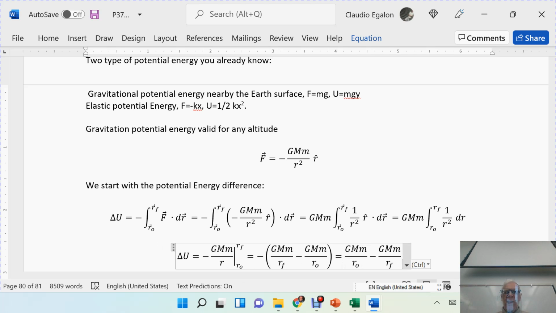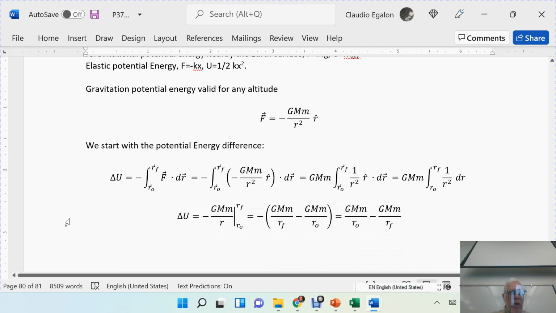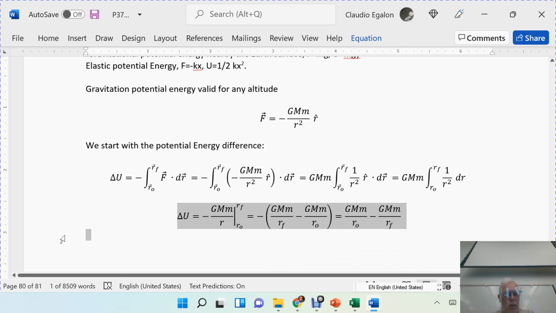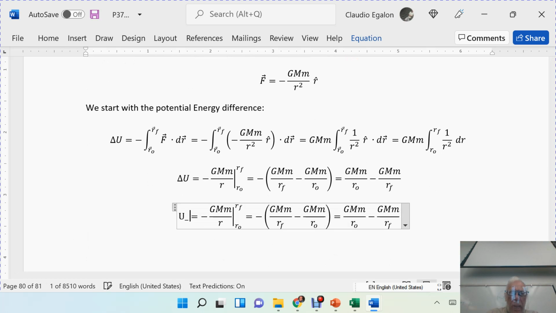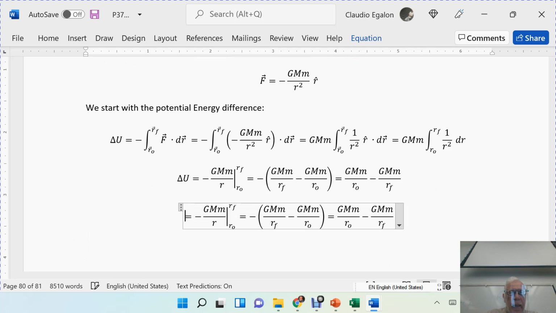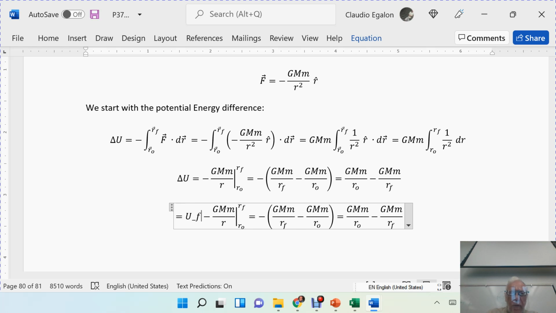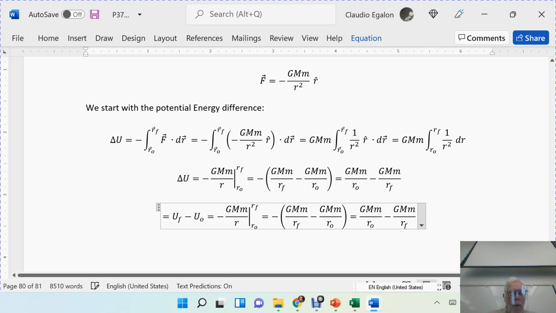That's what happens when we move one mass from one point to another. And let's not forget what this delta U means. It means final potential energy minus initial potential energy.